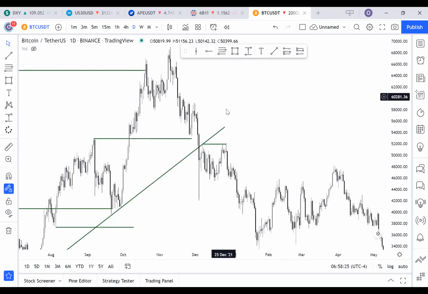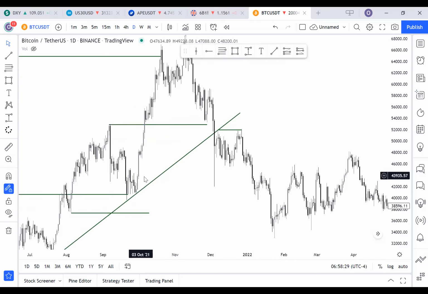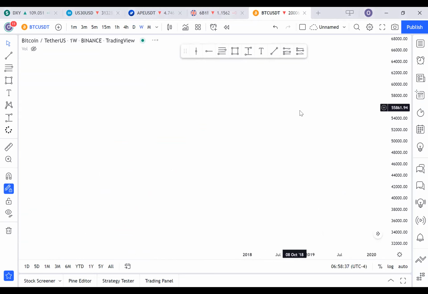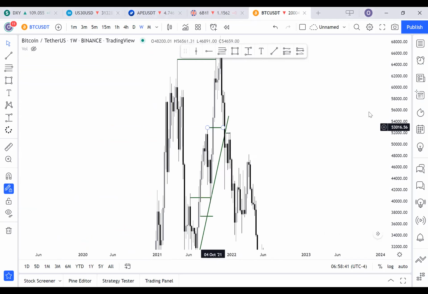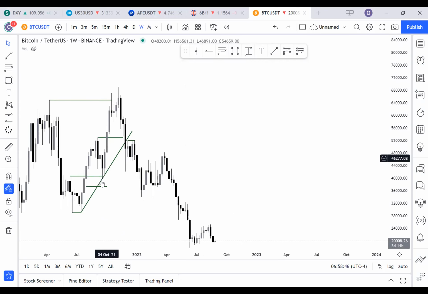Now, I want to check if we have an engulfing candle there so that we can see what price actually did. Yeah, you can see this is point one, this is point two, and then we have this candle engulfing.